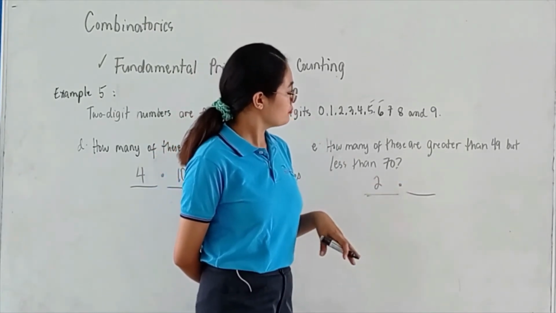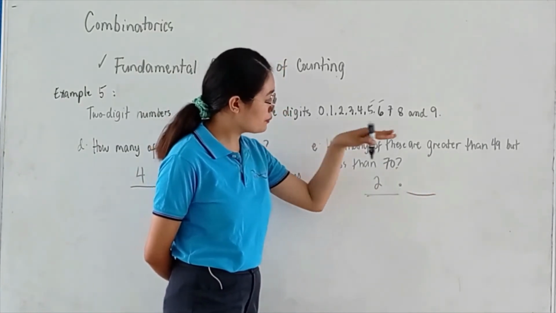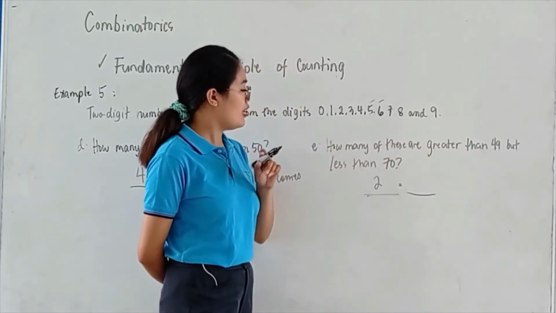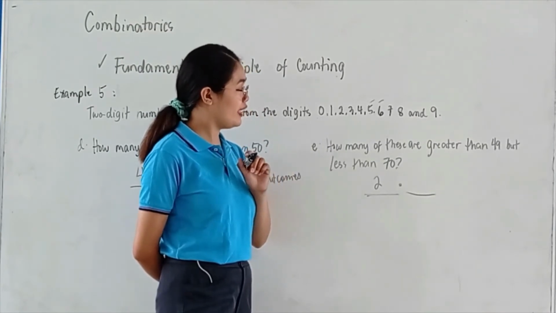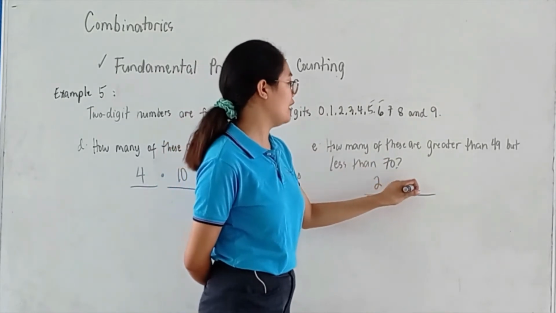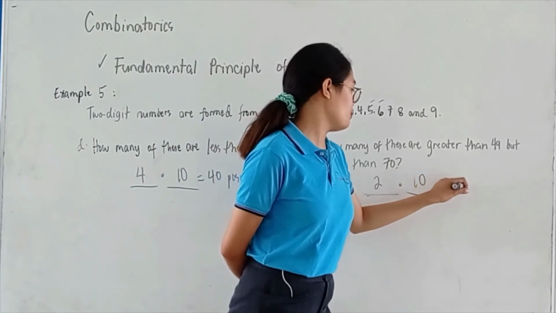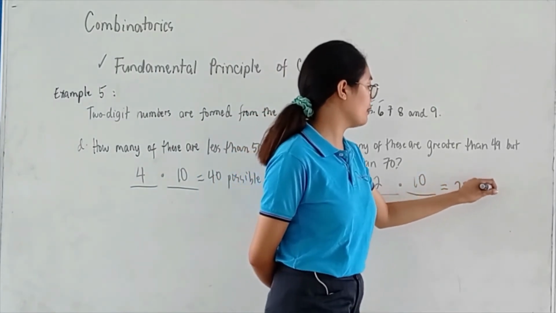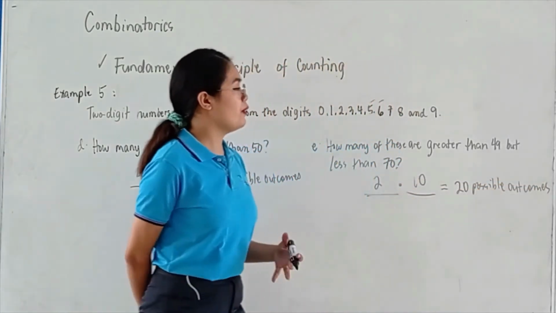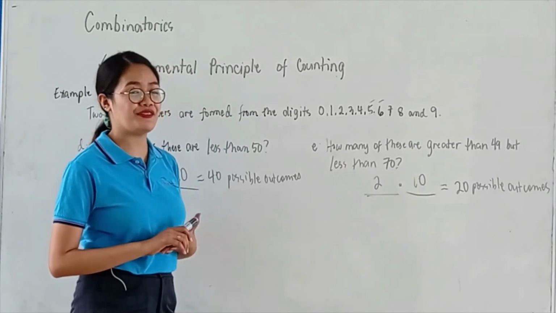Multiply by the possible outcomes for the second step, where our two-digit number can end with any of the available digits, so we have 10 options for our second position, leaving us with 20 possible two-digit numbers that are greater than 49 but less than 70.